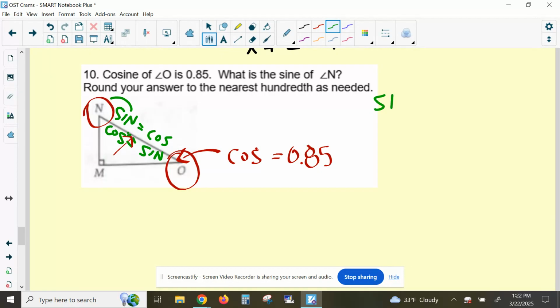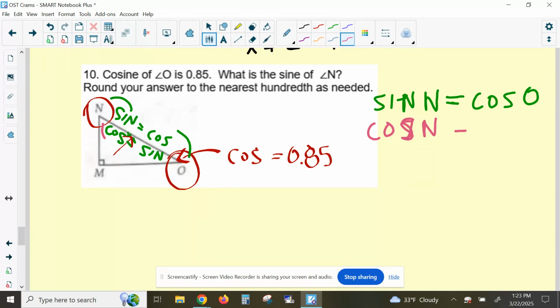So that means sine of N equals cosine of O. And also, on the bottom, cosine of N is equal to sine of O. So, cosine of O is right up here.